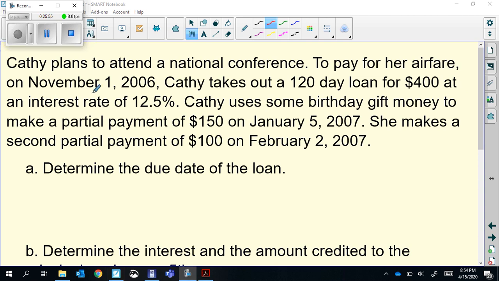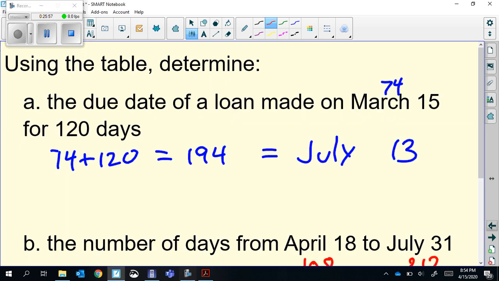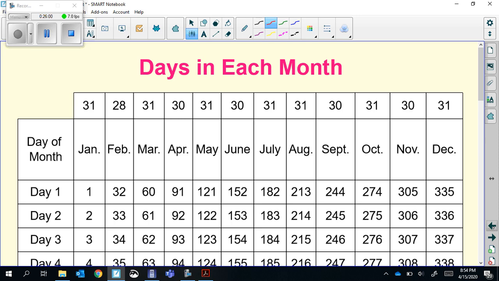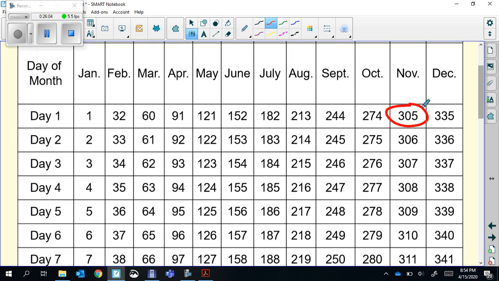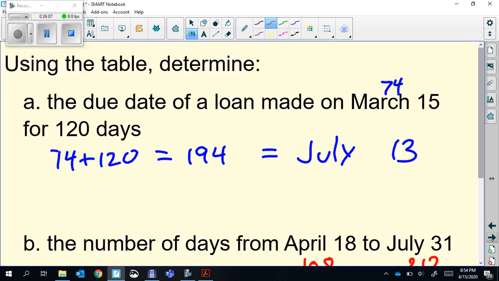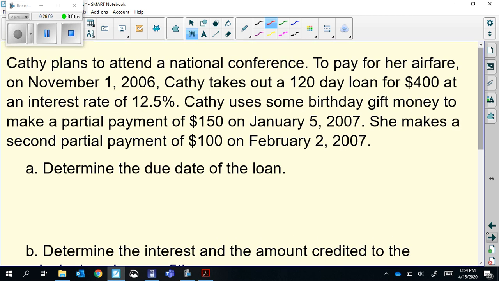So since this started on November 1st, let's go back to our chart. November 1st is day 305. It's a 120-day loan, so add 120 days onto that, you get 425.